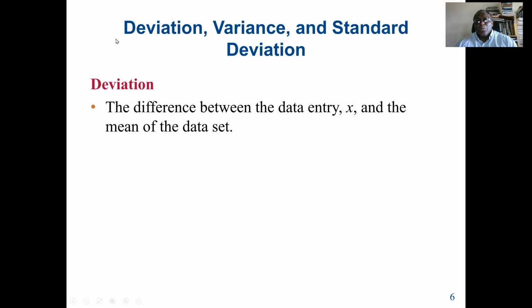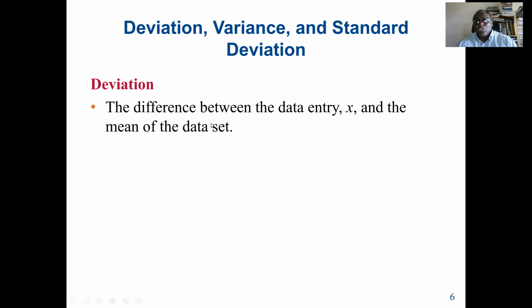Next, before we find the variance and standard deviation, we start with the deviation first. A deviation is the difference between a value and the mean. So here we say the difference between a data entry, a single value in the data set, and the mean of the whole data set. To find the mean of a data set, we add all the values and divide by the number of values.